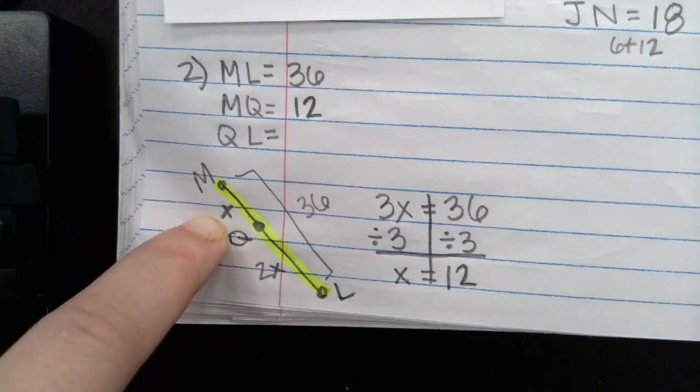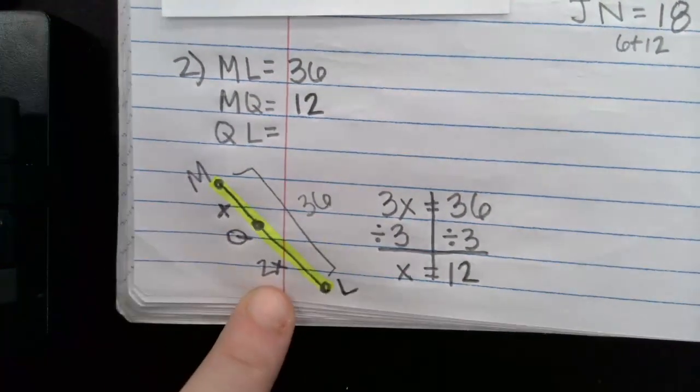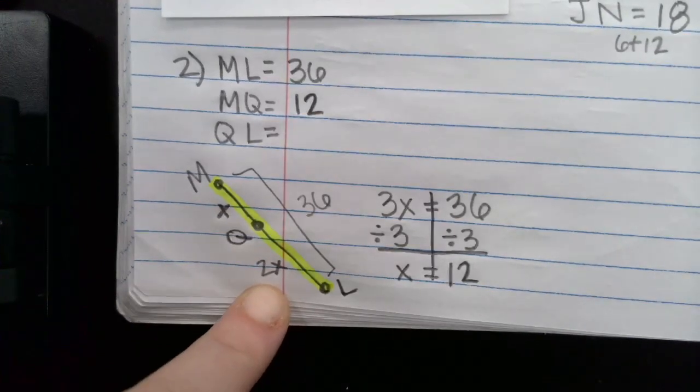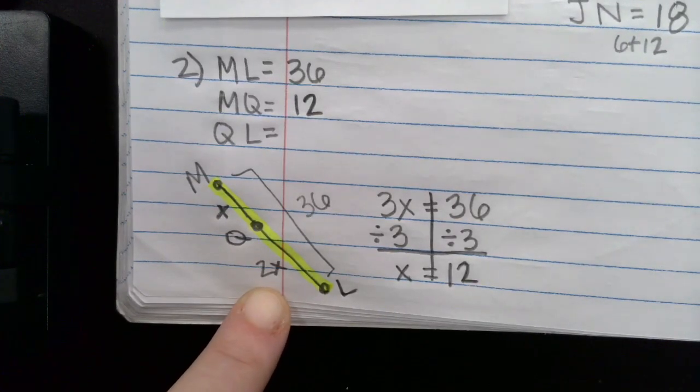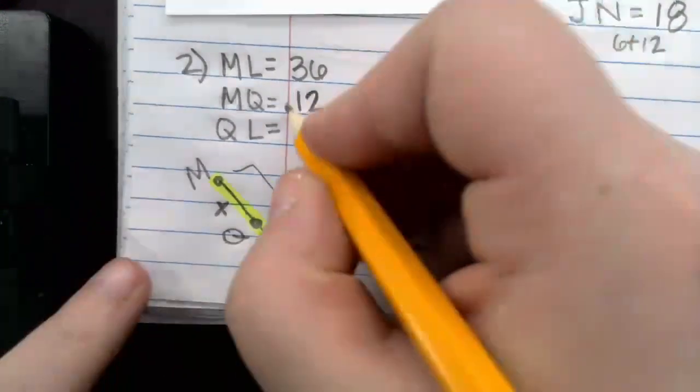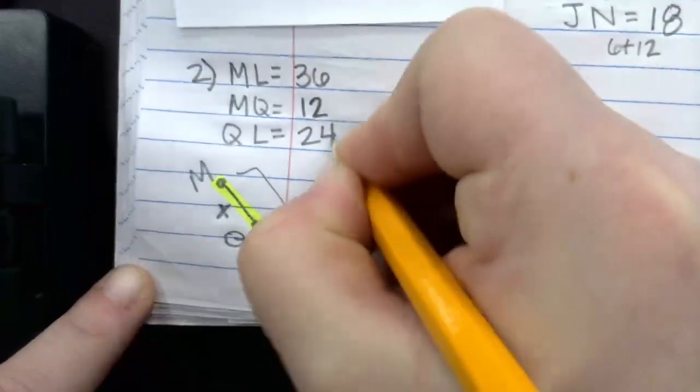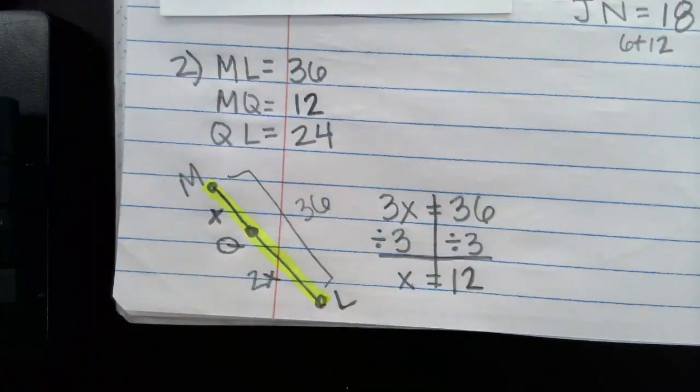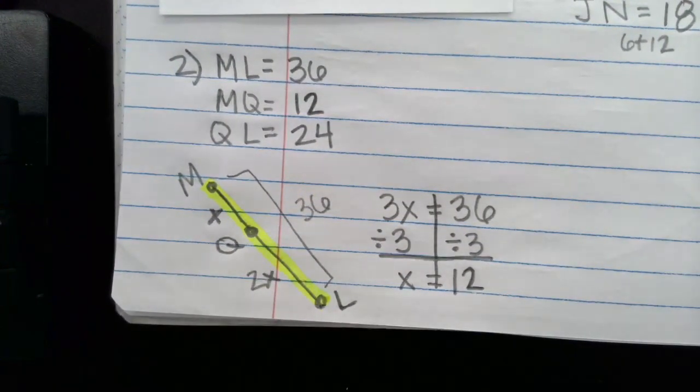And how am I going to go from MQ to QL? Times 2. Yeah, so times 2, and 12 times 2 is 24. Amazing. All right, last one, number 3.